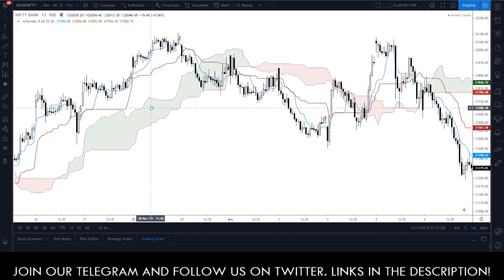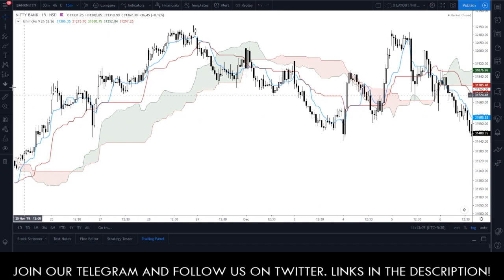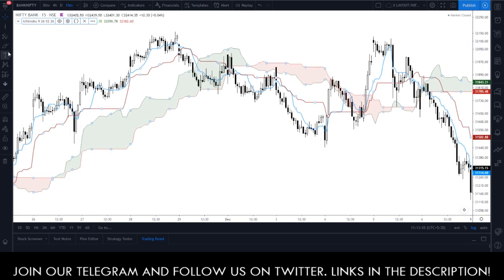So let's just find a buy signal for you. All right, you can see at this particular point that price action is above the cloud and the blue line overtook the red line, the conversion line overtook the baseline, and hence it produced a buy signal and the price action surged upwards.